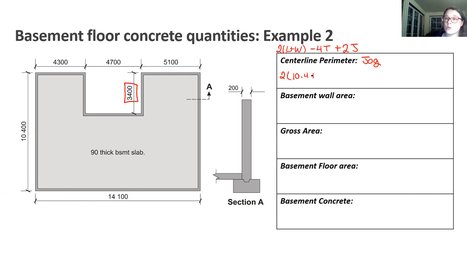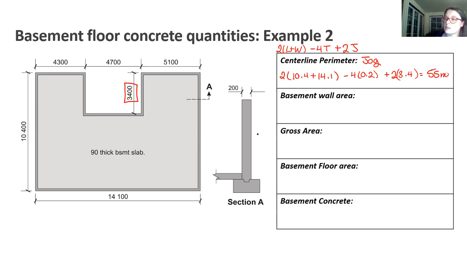So 10.4 plus 14.1, minus 4 times the wall thickness, 0.2, plus 2 times our jog, which is 3.4. If you put all of that into your calculator, keep your order of operations straight, which is really important. You will get 55 meters.